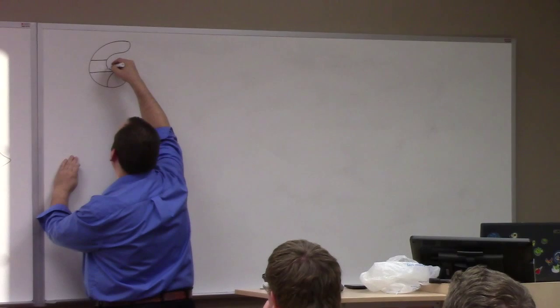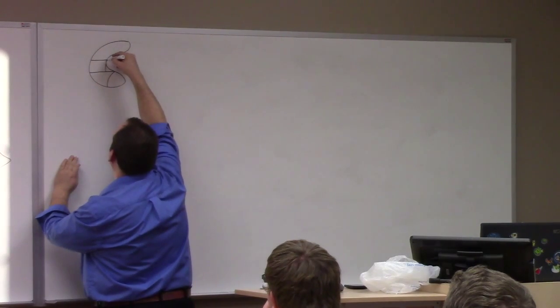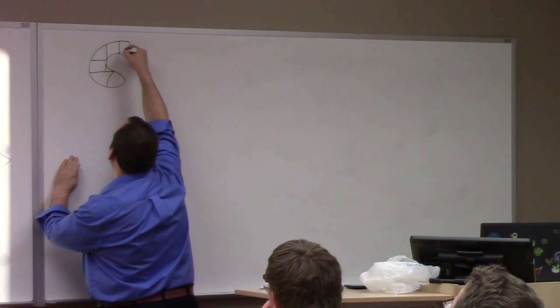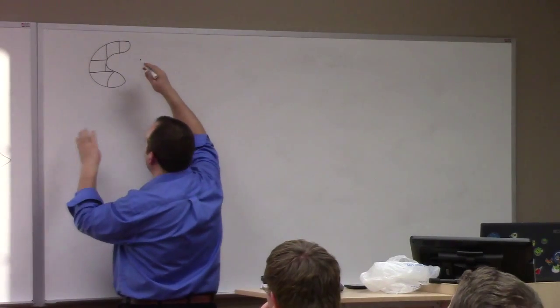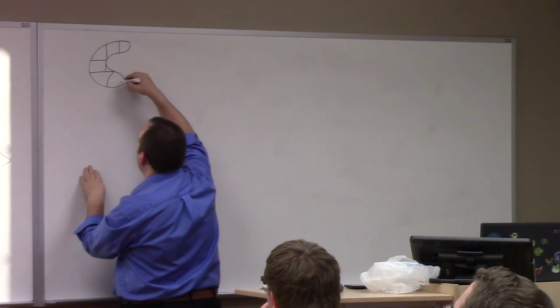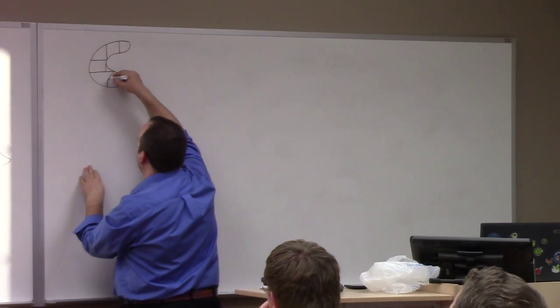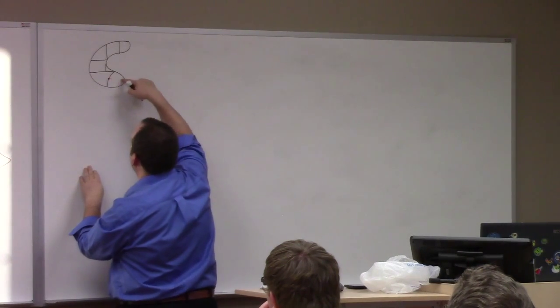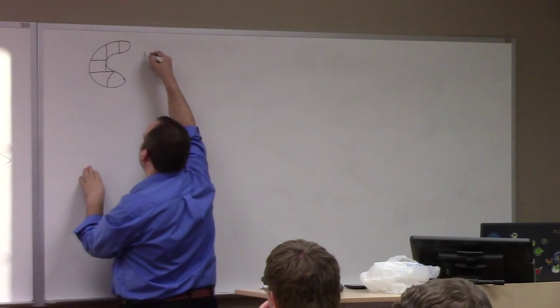Maybe this. I think if I keep cutting long enough, you'll see I can cut it into a bunch of regions which are both, if you look at each one of these regions, type 1 and type 2.